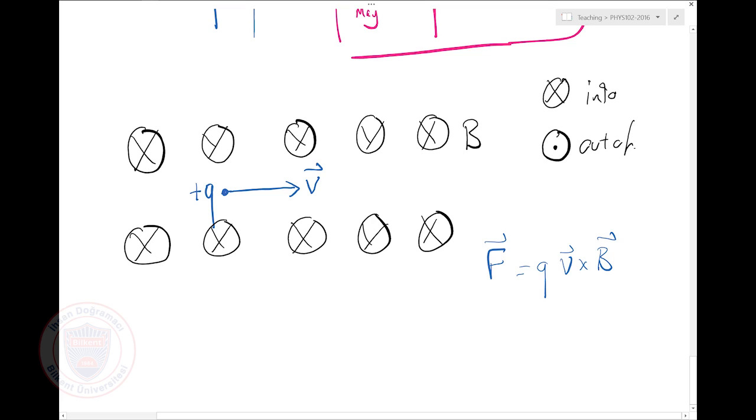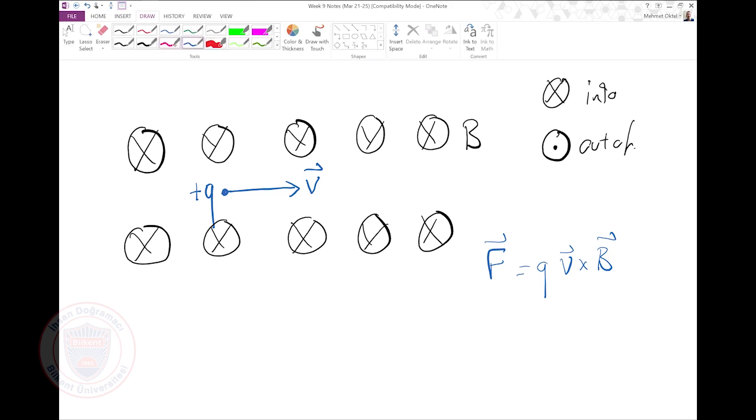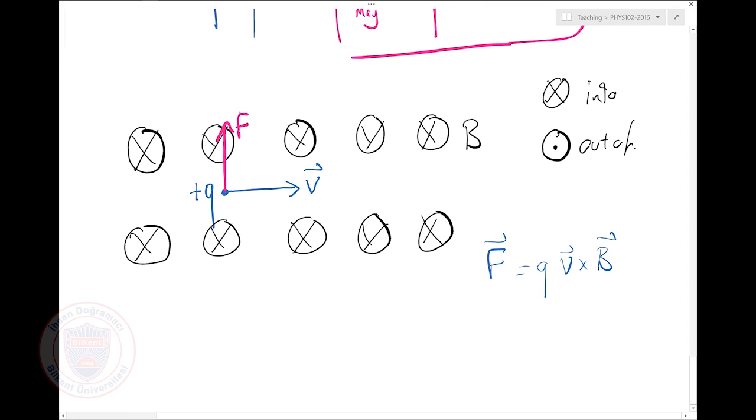We take our four fingers, point them along the first vector. I still have the freedom to orient my palm, but I orient it in the direction of the second vector, which is into the page, B. So when I close my fingers from the first vector to the second vector, my thumb shows the direction of the force. So which way is the force here? Up. Okay. So q v cross B gives me a force which is up.